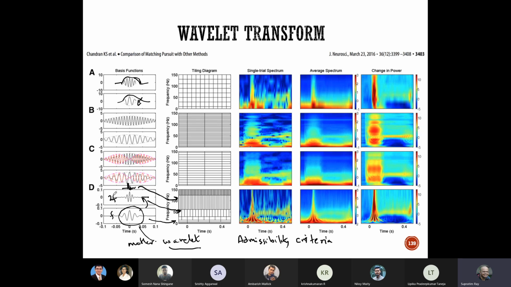Whatever is the frequency here, this will have twice the frequency because you're getting double the number of cycles in the same time. This will have 4 times the frequency. So you're actually going up in the frequency domain. Same time resolution is improving because it's a much smaller span in the time domain as compared to this. So your tiling diagram actually shifts to something like this.